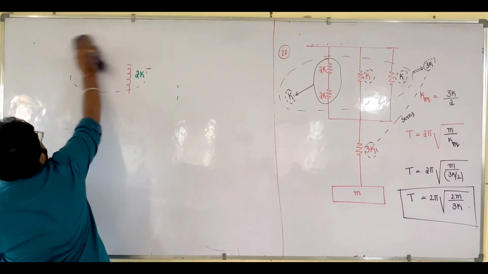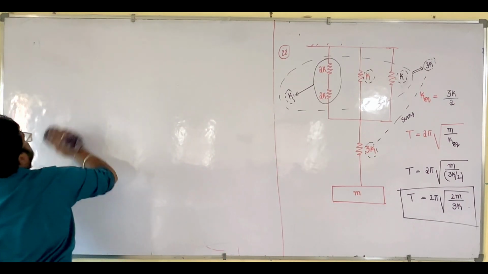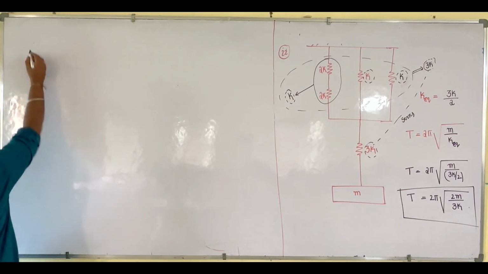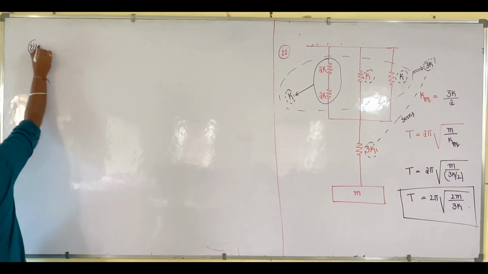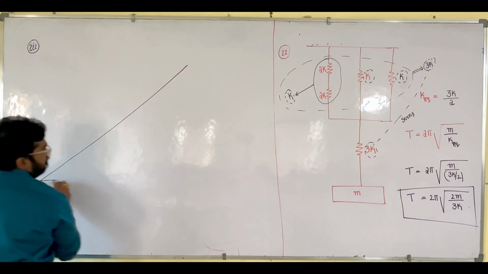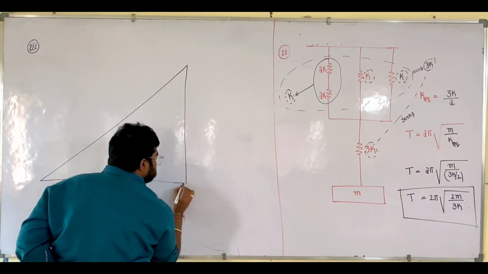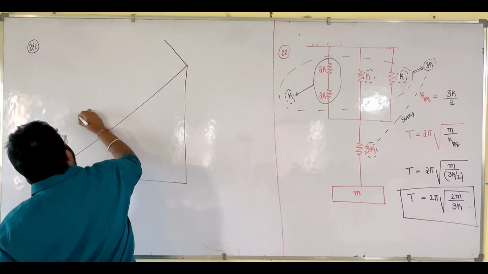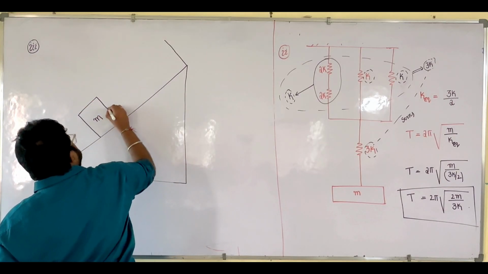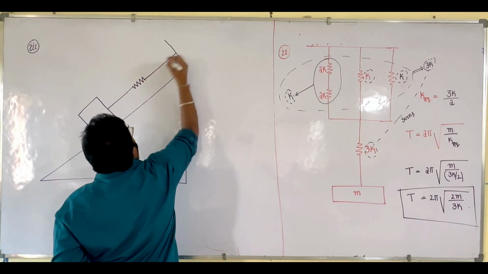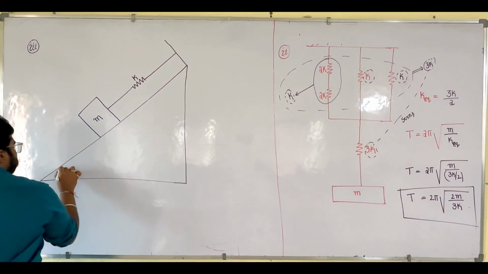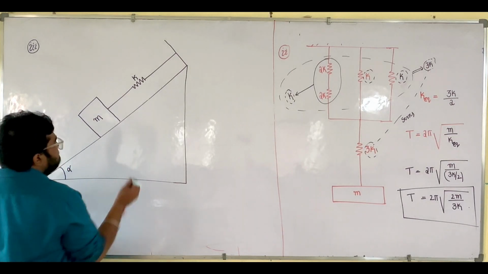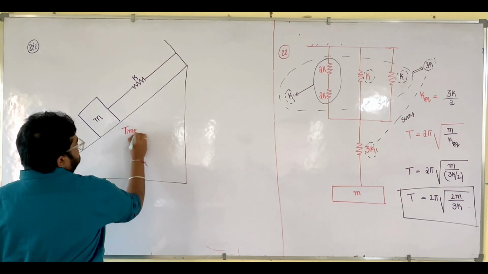Here we can take question number 3. Time period of oscillations is independent of angle of inclination. If the oscillations are on this, from here to here, the time period is independent of the angle of inclination of the plane. Here it is K, this is alpha.